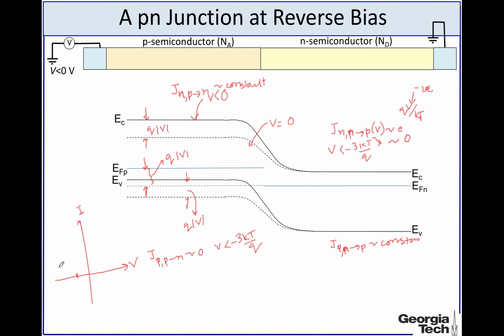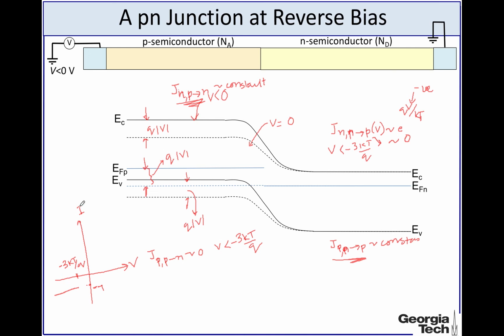as long as the magnitude of this voltage is larger than KT by Q, this value will saturate, and that saturation value will just be equal to the sum of this and this here. So we call it minus J naught.